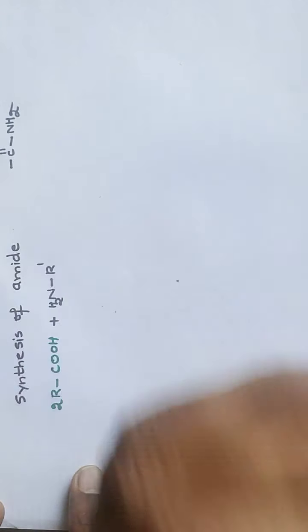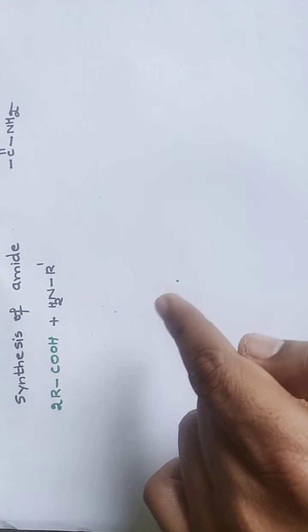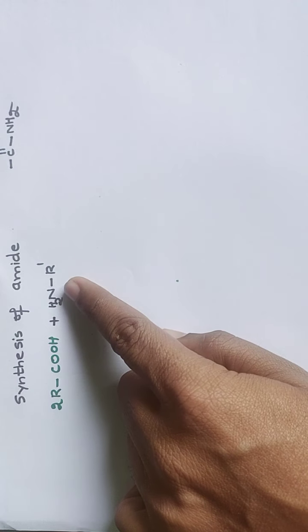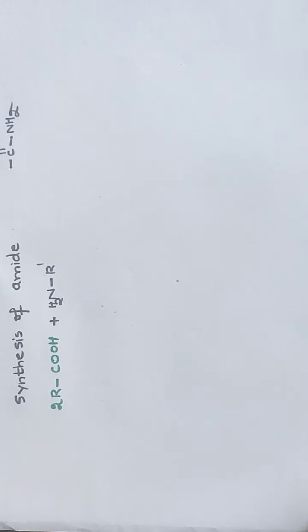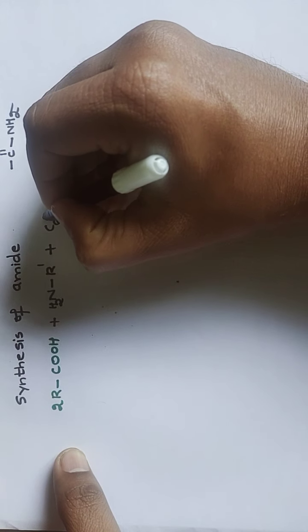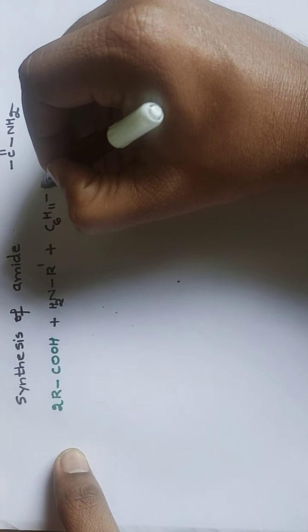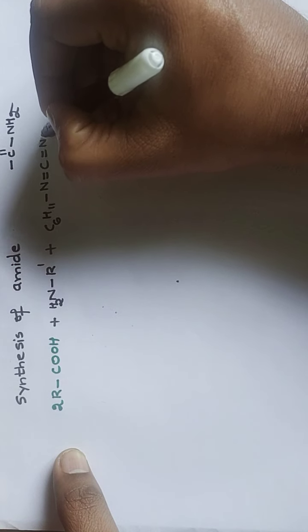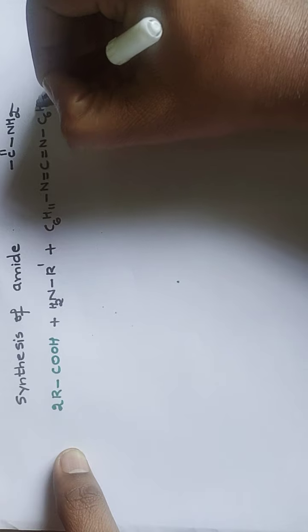So two molecules of carboxylic acid and one molecule of amine will react with DCC. DCC is C6H11 N double bond C double bond N C6H11.